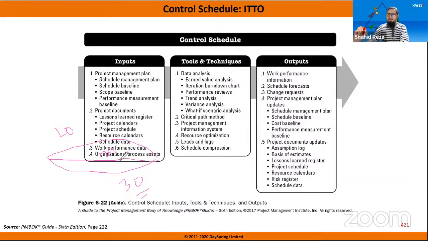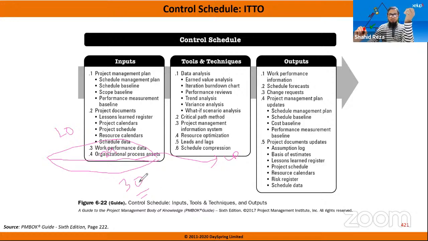That means if one task on this path is delayed by 2 days, it will become the new critical path. So this path is known as a near critical path, where total float is very small. At any time that path can become the critical path.